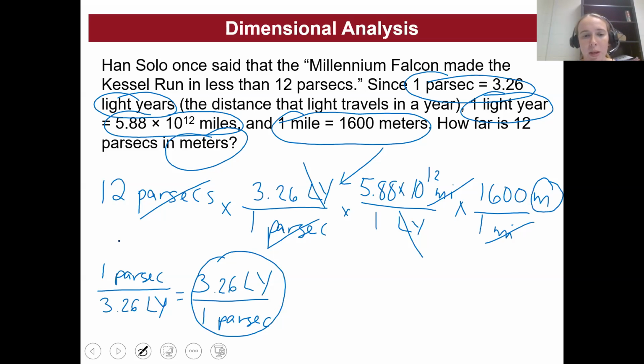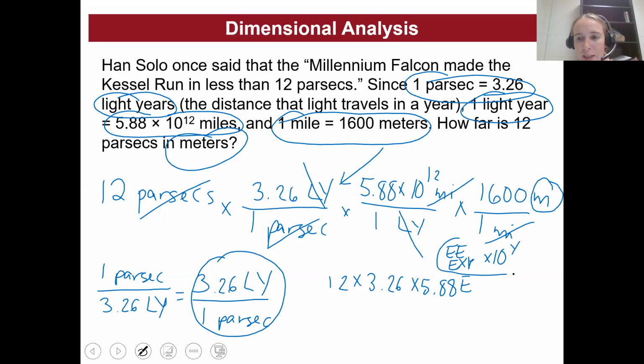All right, so when we plug that into our calculator, we're going to do 12 times 3.26 times 5.88, and you should type it in your calculator as E. So use that EE button or the EXP button or the times 10 to the Y button, whatever it looks like on your calculator.